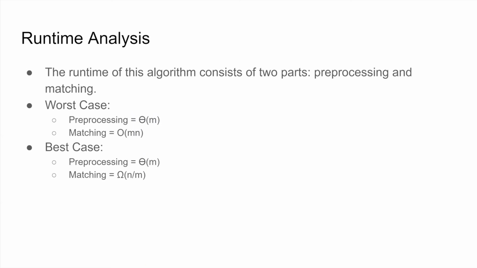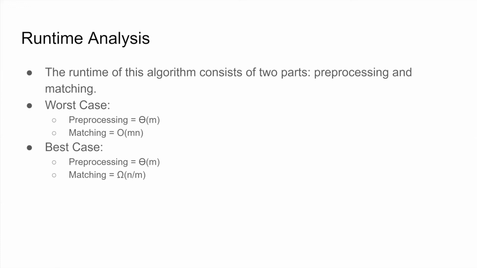So let's go back. Now, it is important to note that for the Boyer-Moore algorithm, we start matching from the last character, so from the end of the string. And the worst case happens when all of the characters in the original text we're searching and the pattern are exactly the same.